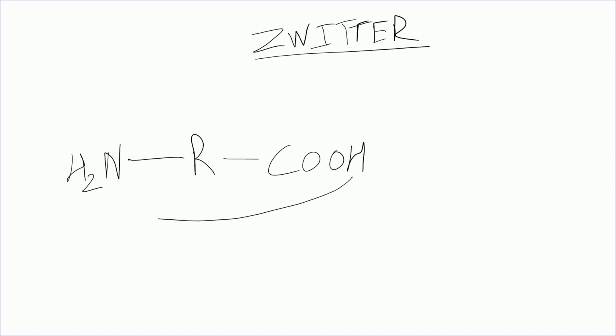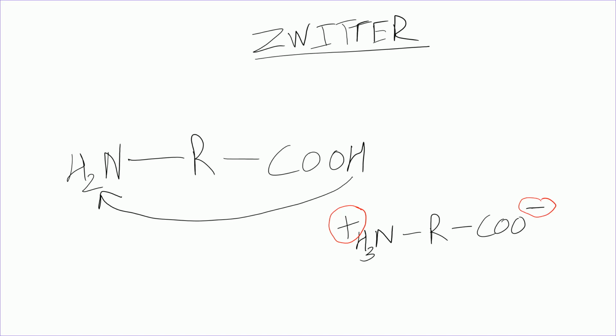H can be donated to the amine group, and what it can basically become is this. So you notice that this chemical is capable of having two different charges of ions, cations and anions, in the same compound. Therefore, it's called a zwitterion.